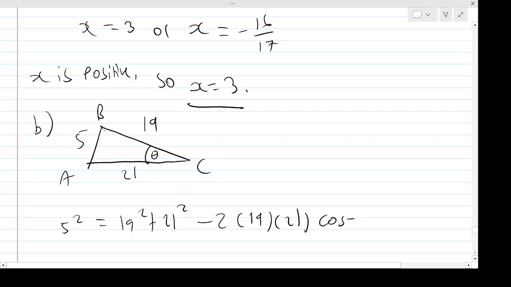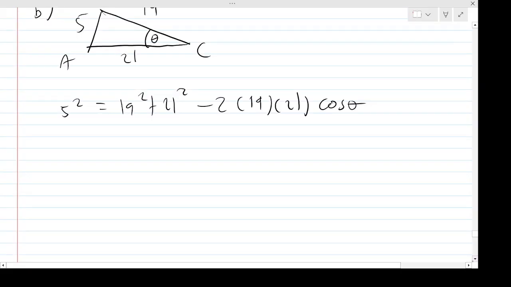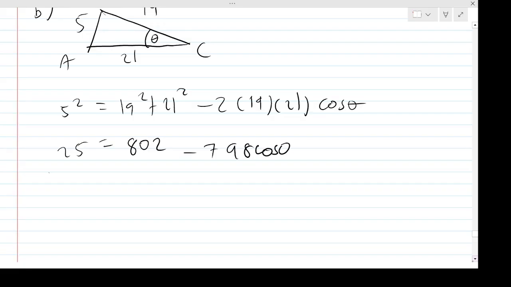So then we need to solve for theta, right? So I need to get cos theta on its own. So let's evaluate all the numbers on the calculator. 5 squared is 25. And 19 squared plus 21 squared is 802. Minus 2 times 19 times 21, that's going to be minus 798 cos theta.